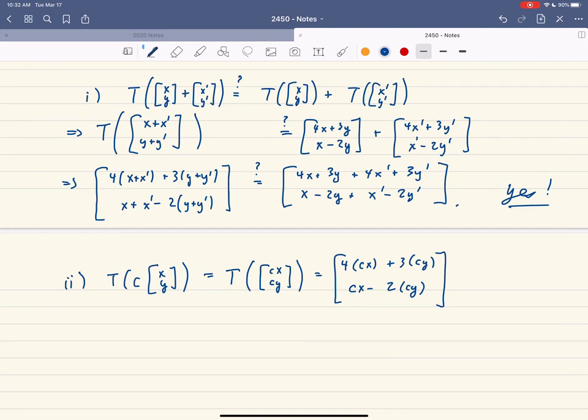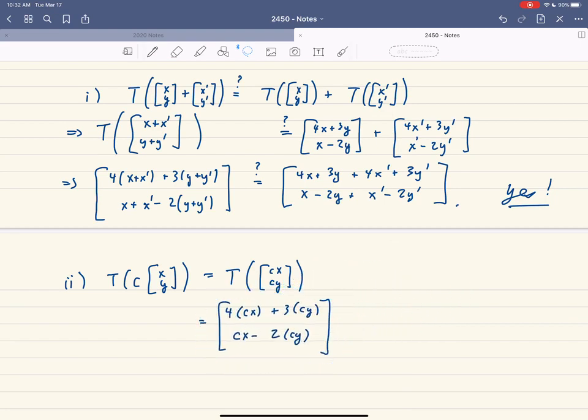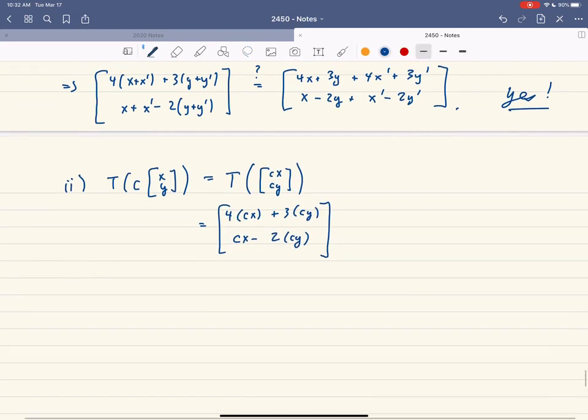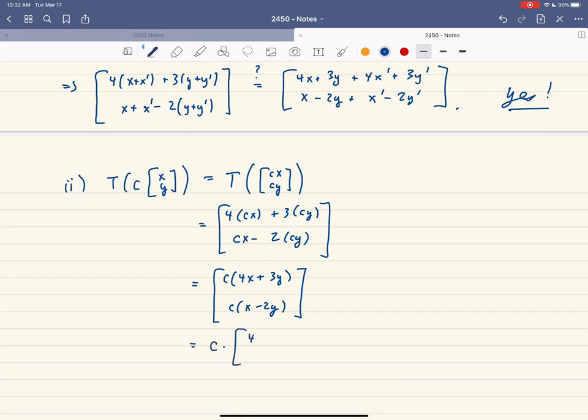I just want you to notice that you could actually factor a c out of the top and bottom. This is c times 4x plus 3y, and c times x minus 2y. And then you could factor out that c, and this is the same as c times (4x plus 3y, x minus 2y).